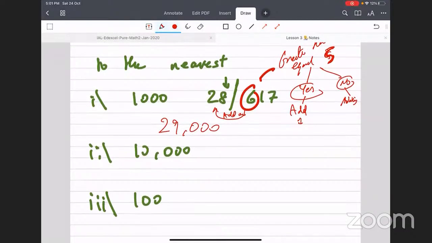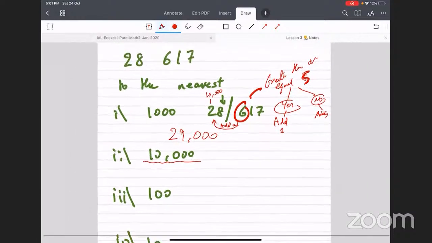Is it clear now? Yes. Okay, good. So to the nearest 10,000. This is the 1,000 term. This is the 10,000 term.